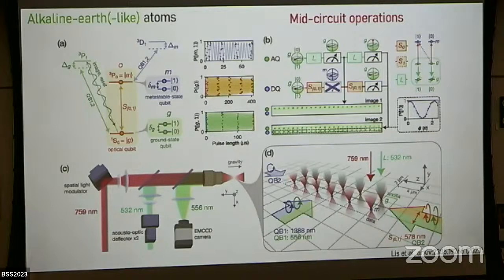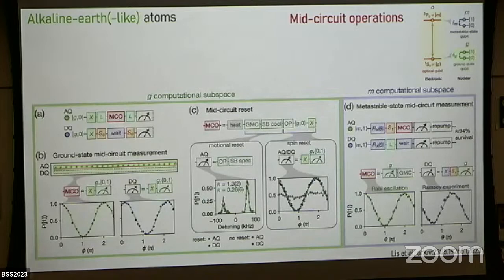So this is a first demonstration, going back to the question before, of how you can do mid-circuit readout if you can shove your atoms to another state that is not resonant with your imaging light. And so it's not affected when you do a pulse of your imaging light. Okay, so again, busy slide, but the idea here is that you can apply this to do different kinds of mid-circuit operation.